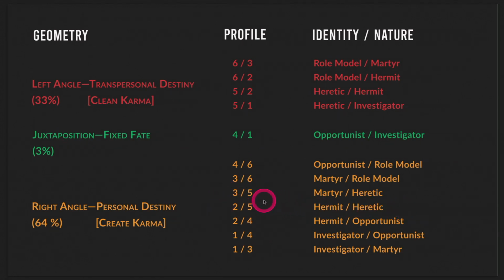And something to note about these profiles, some are way more common than others. And this also has to do with the way this mechanic works. So what you really understand is that the 1-3, the 2-4, the 3-5, and the 4-6, these right angle profiles, are way more common than the 1-4 and the 2-5 and the 3-6. And that's just by virtue of how this mechanic works.